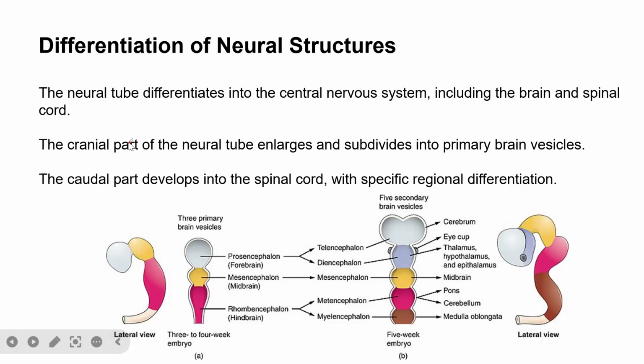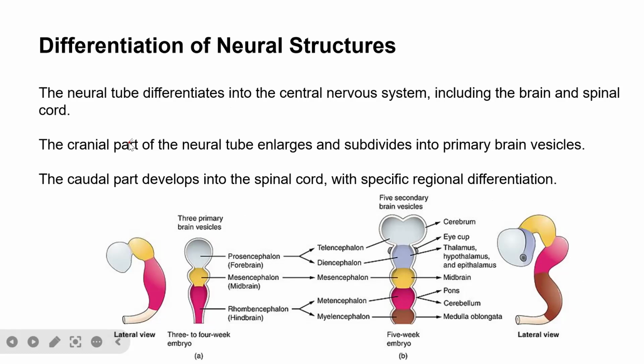And at the same time, the hindbrain is also divided. It further differentiates into two, which include metencephalon and myelencephalon. So this is how they will keep dividing until they fully differentiate into the brain structures.